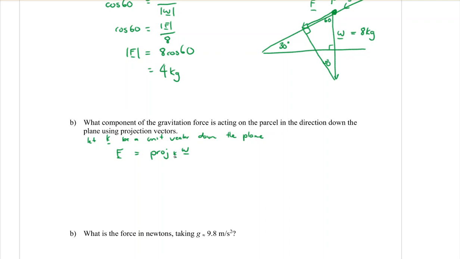So if I'm going to project W onto K, that would be the length of W times cos of 60 times the unit vector K. The length of W is 8, so there's my 8 cos 60 again, which means I'm going to get my 4 kilograms in the direction of K, which is what we had from before.